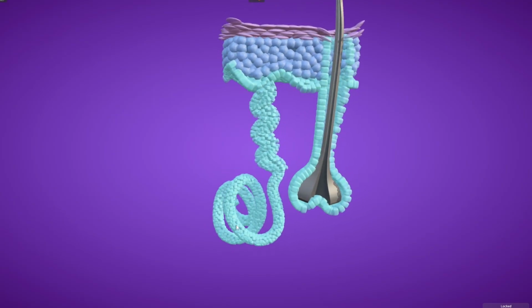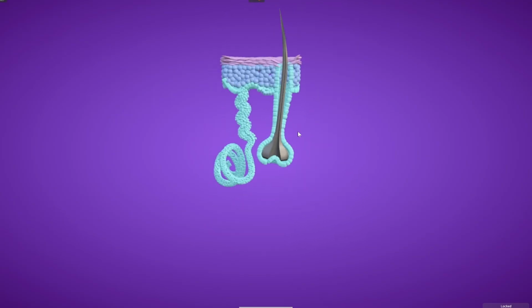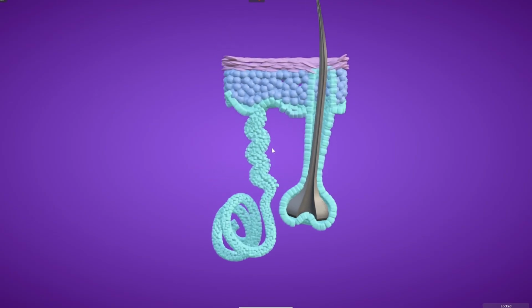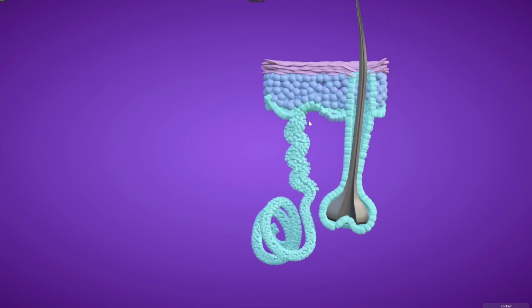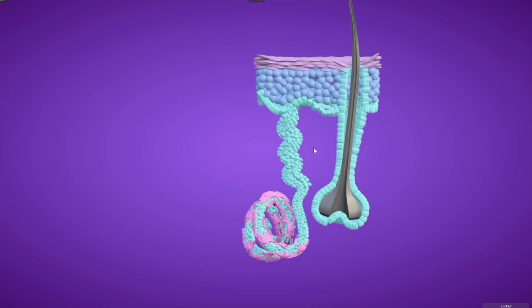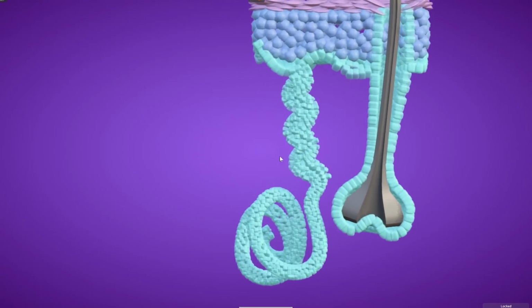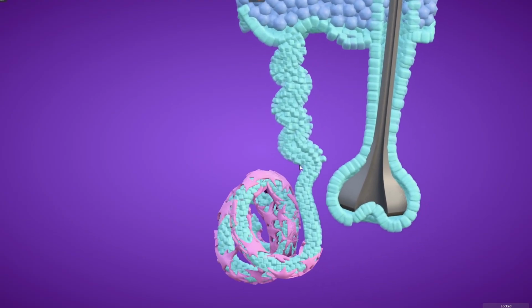Initially it's a complete solid rod, but what happens later is that in the center the cells die out. Within the center the cells begin to die out through programmed cell death, apoptosis, and then the lumen is established. And of course, along with that, the cells at the periphery differentiate into myoepithelial cells.